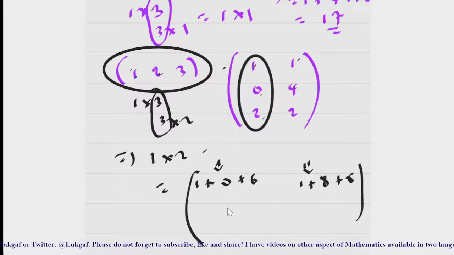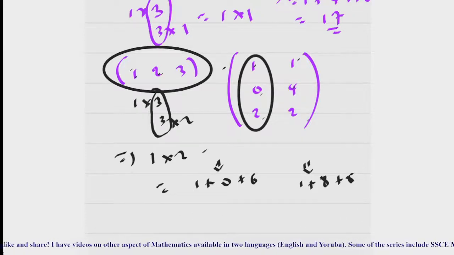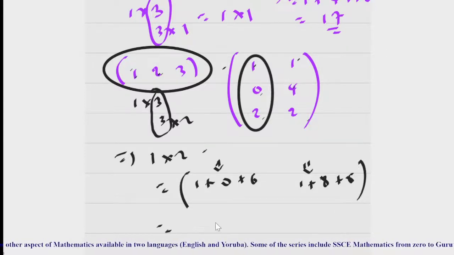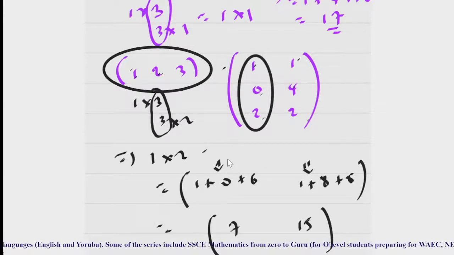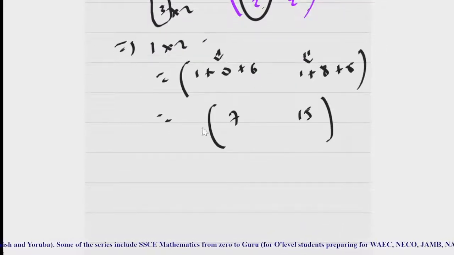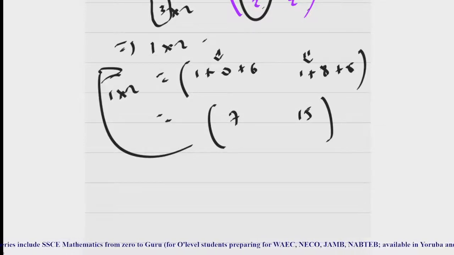You understand now? I think it is proper if I reduce this and rewrite it properly. This will now give me 7, 15. Can you see the order of this matrix? I have a 1 by 2 matrix, which I've actually stated here.